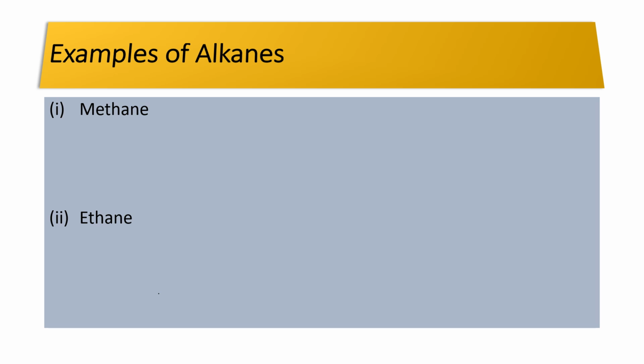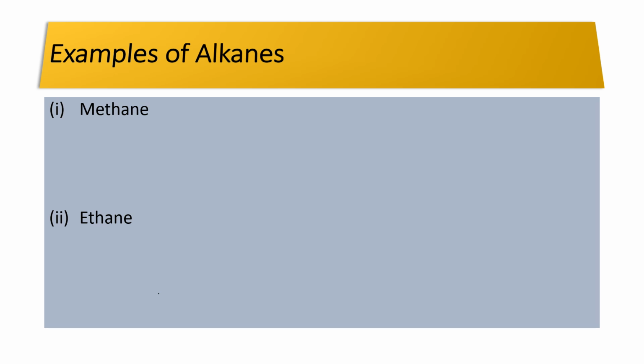Let's look at examples of alkanes. We have said that they end with -ane, meaning when you get the prefix, then you add -ane. The prefix is the first part of the name of an organic compound. The first prefix is meth, then eth, and so on. Meth means there is one carbon atom.